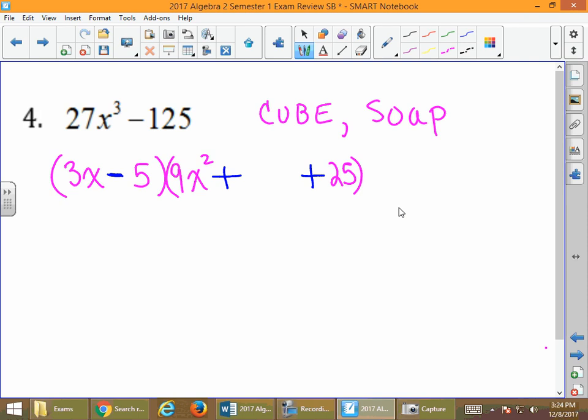And remember, our signs are already in the problem. So to finish, to get that middle term, we're going to take the 3x that we found originally times the 5 that we found originally, and multiply those two together. 3x times 5 is 15x. And there we've factored a cube.